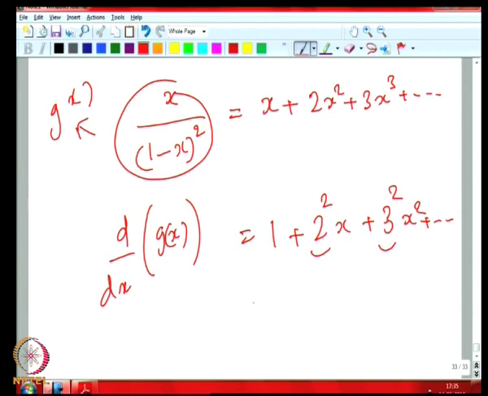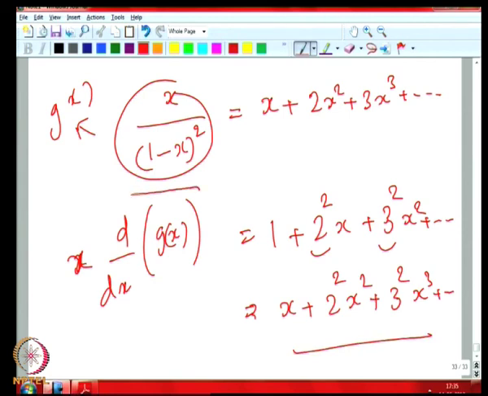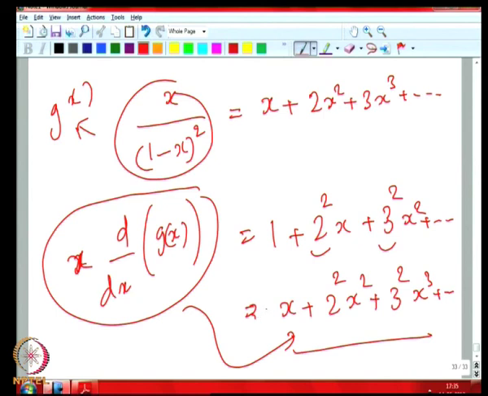So what we can do is multiply by x. If you multiply by x here, then we will get x plus 2 square x square plus 3 square x cube and so on. Now this function will be the generating function corresponding to 0, 1, 2 square, 3 square, etc. And if you consider this function, that will correspond to the thing we will discuss in the next class.